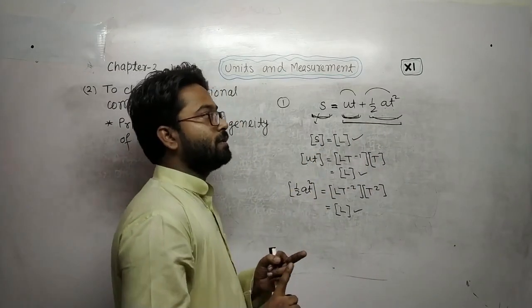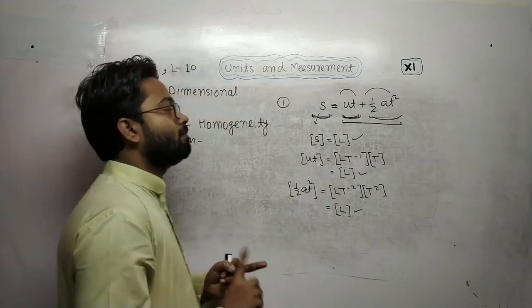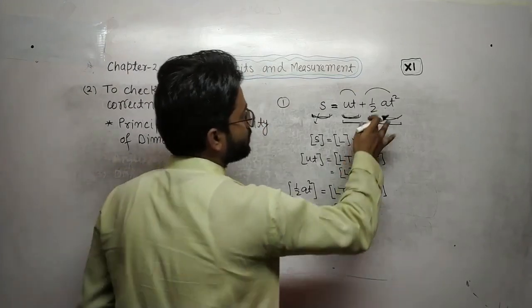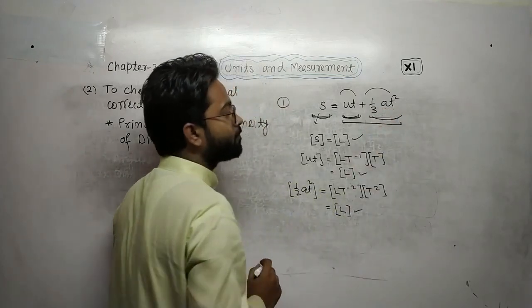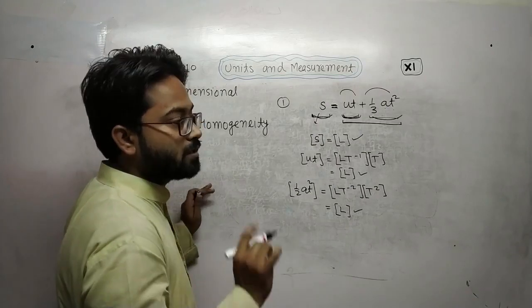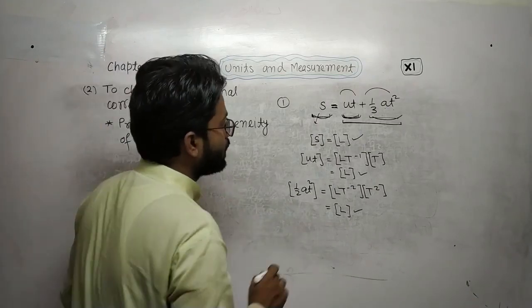Any equation may be dimensionally correct, but it may be mathematically or theoretically incorrect. Let us suppose this is 1 by 3 at square. This equation is wrong, but dimensionally this equation is correct. Why and how?